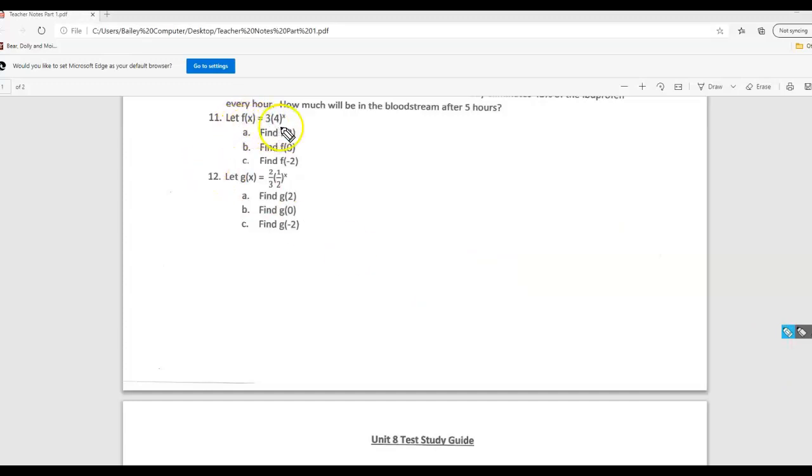For numbers 11 through 13, we're just evaluating exponential functions. For number 11, we have an exponential function that looks like this. And we're being asked for part A to find f of 2.